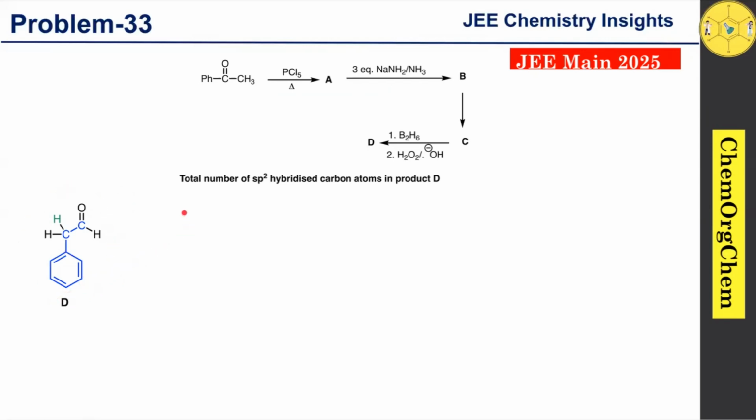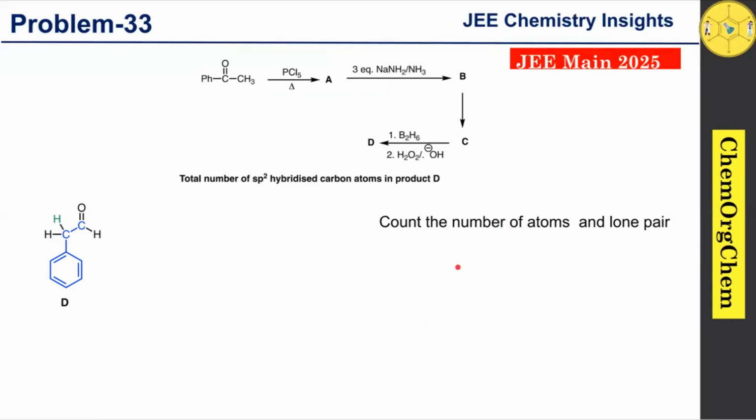Next, we need to find the total number of sp2 hybridized carbon atoms in product D. In any question, if they ask to find the hybridization of any atom, just remember this. First, we need to count the number of atoms around that particular atom, including the lone pairs of electrons present on that atom.